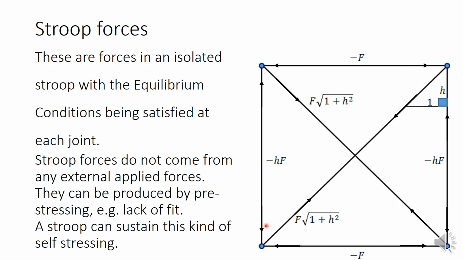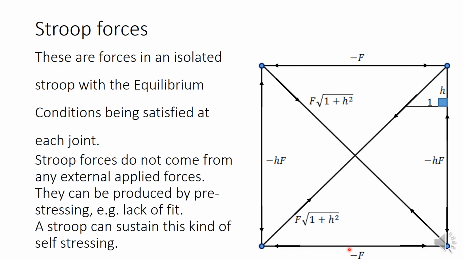Now, as we said, this self-stressing is possible within a Stroop, but it is not possible in a determinate truss. For example, if I remove a diagonal here, effectively that is putting F equal to 0, because I have 0 force along that direction. So the components in the horizontal and vertical directions must also be 0. So this force and this force must be 0.